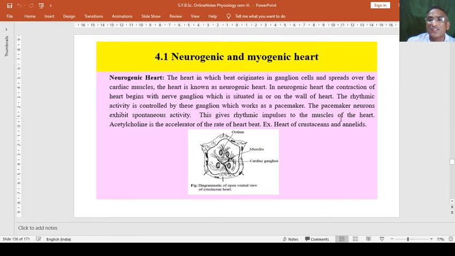The pacemaker neurons exhibit spontaneous activity and give rhythmic impulses to the muscles of the heart. Acetylcholine is the accelerator of the rate of heartbeat. For example, the hearts of crustaceans and annelids are neurogenic. A heart whose activity is regulated by nerves or ganglia is called a neurogenic heart.